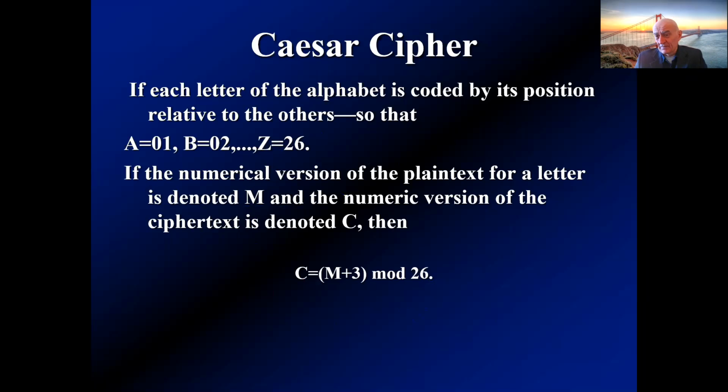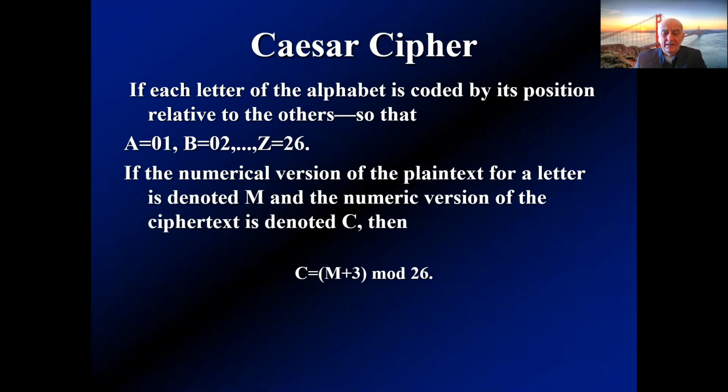That's why what we need first of all for any cipher is to give a code for letters. For example, this is one of the examples. A we can give number 1, B 2, and so on. Z is 26.